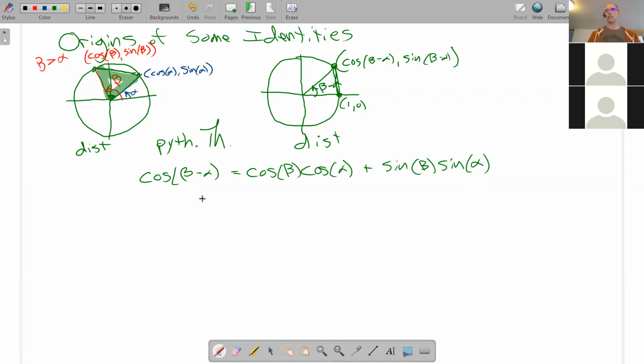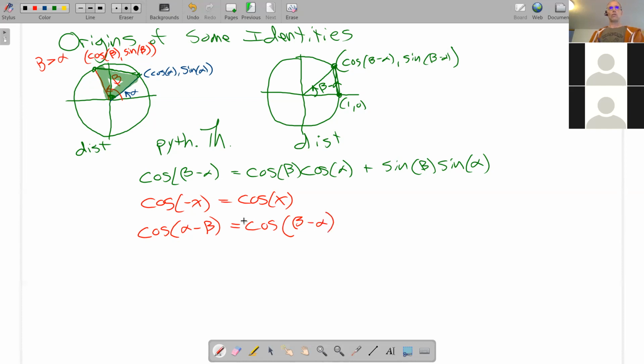It turns out for cosine that doesn't matter because cosine's an even function. If you're not sure what I mean by even, just a reminder, this is a formula from before. Cosine of negative x equals the cosine of x, which means the cosine of alpha minus beta is equal to the cosine of beta minus alpha.